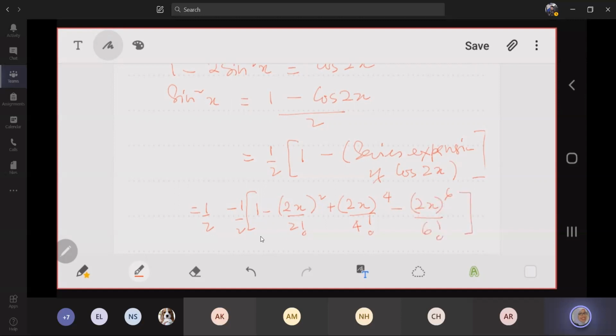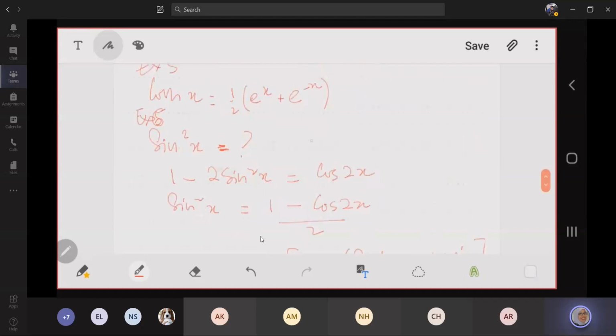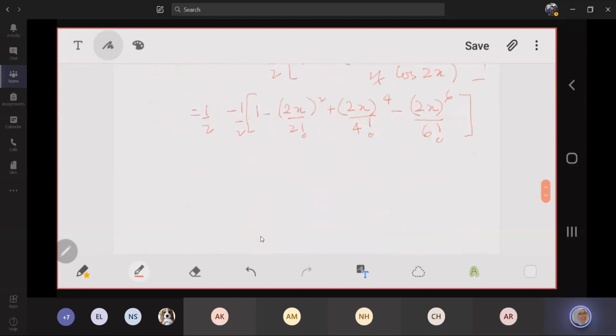If I ask you to expand up to x to the power of 6, you expand this, so you get half minus half, 0. And then this one is 4x squared, so you get 2x squared. And then here to the power of 4, 16 divided by 24. Sorry, 16 divided by 48, 1 on 3.